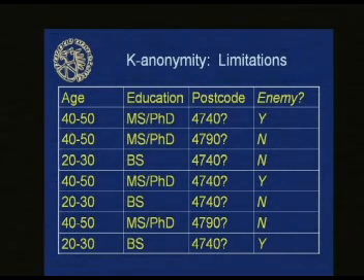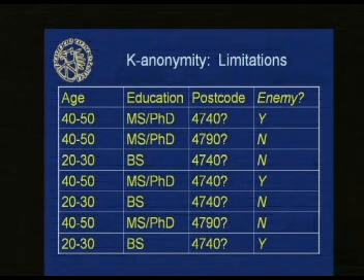So it's anonymous. I don't know which individual that is. But if you look over here, both those individuals have the same criteria for the sensitive variable. So we've still revealed the sensitive information about this individual, even though we have met the anonymity requirements.